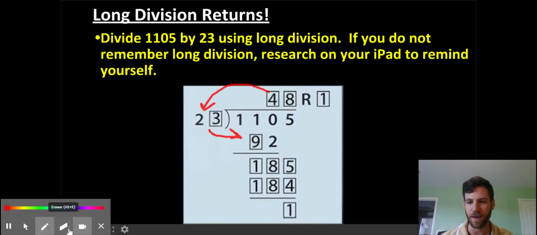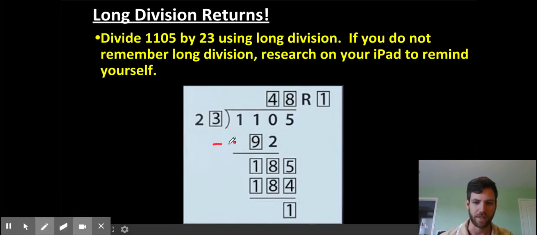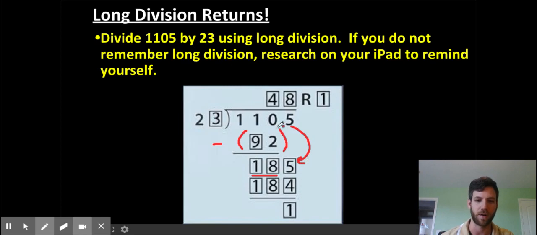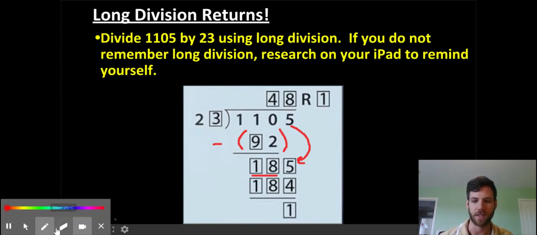After that, we can do subtraction. 110 minus 92, and that equals 18. Once we've done that, we need to bring down the 5, our next number in our dividend, and do the same process over again.